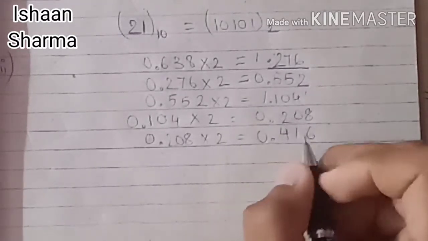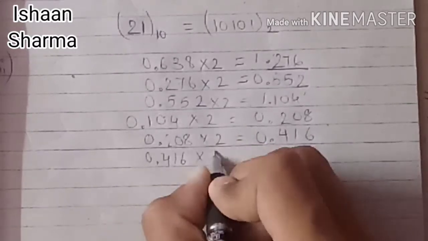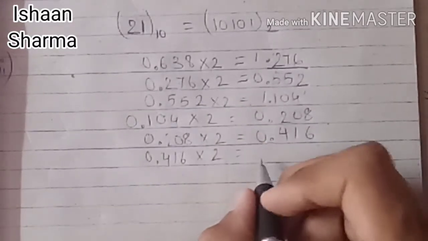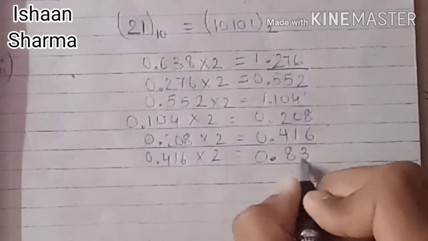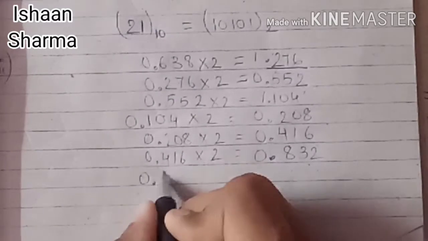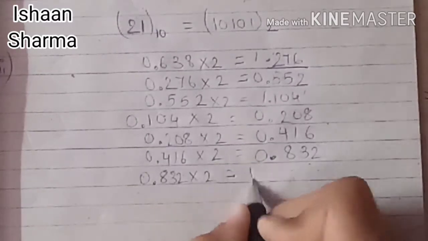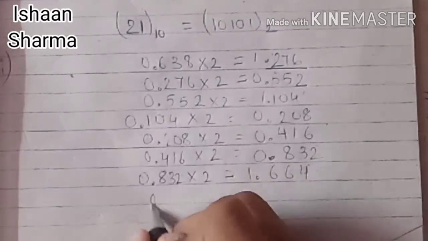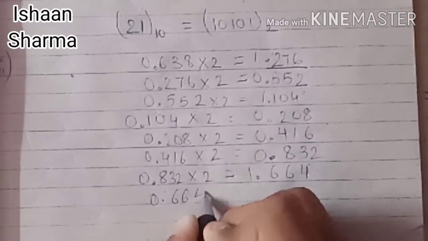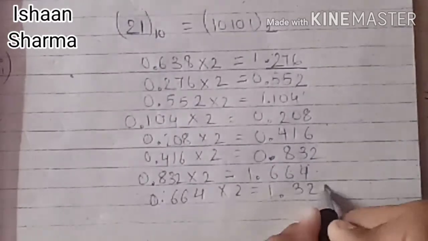Now 0.416 into 2 gives us 0.832. Now 0.832 into 2 gives us 1.664. Now 0.664 into 2 equals 1.328.